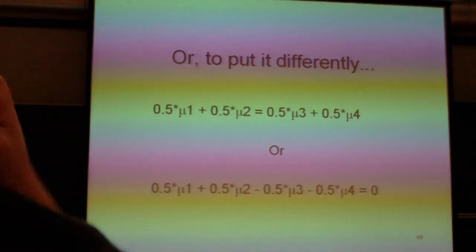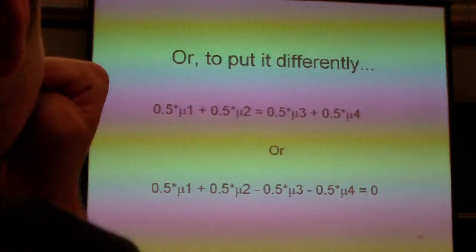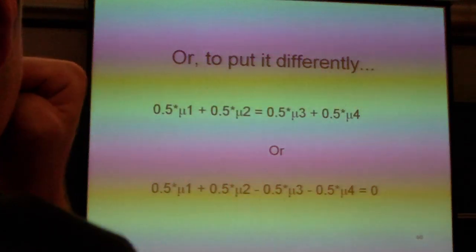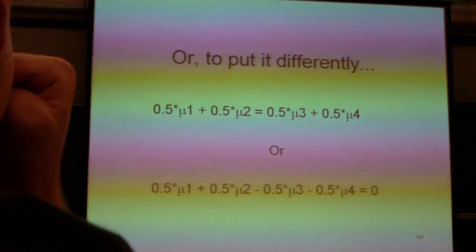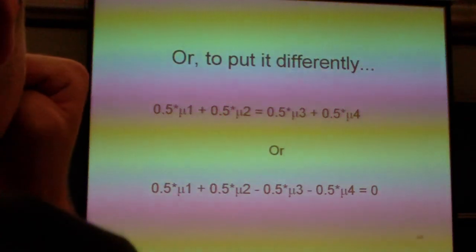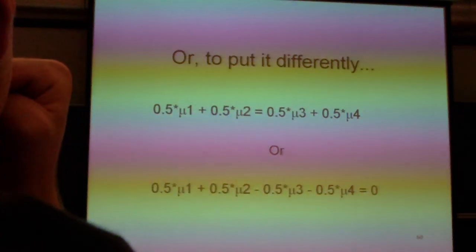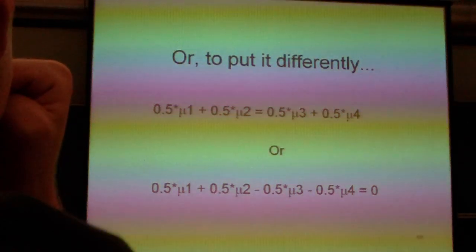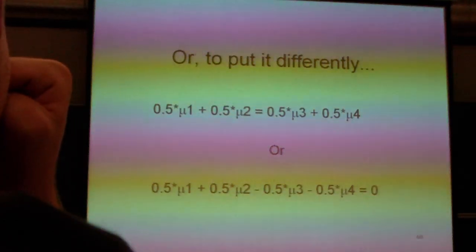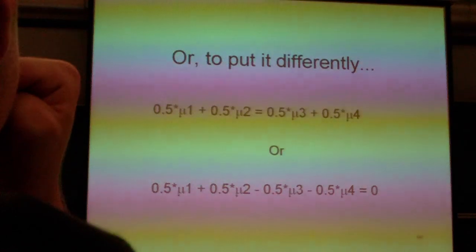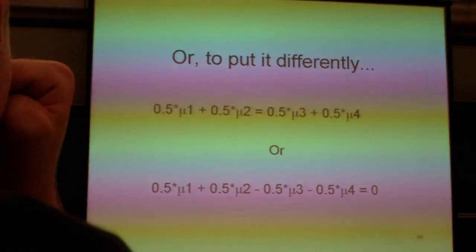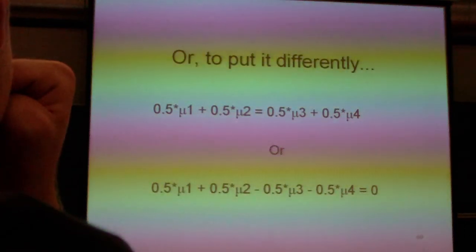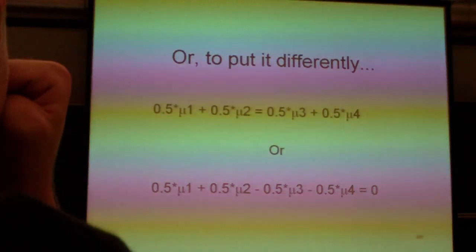Putting it somewhat differently, this amounts to saying: if I take 1/2 times mu1 plus 1/2 times mu2, does that equal 1/2 times mu3 plus 1/2 times mu4? Or, phrasing the null hypothesis differently, 1/2 times mu1 plus 1/2 times mu2 minus 1/2 times mu3 minus 1/2 times mu4 equals 0.